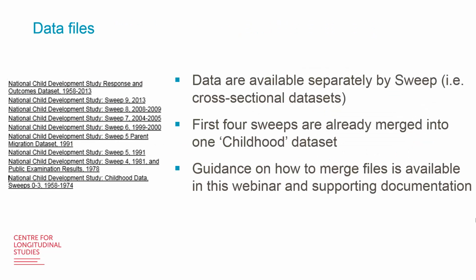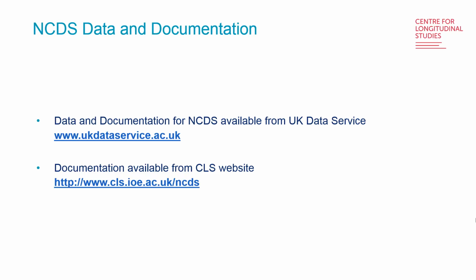The data are available separately by sweep, so they're all cross-sectional data sets except for the first 4 sweeps, which are already merged into one childhood data set. And guidance on how to merge the files is available in this webinar and supporting documentation. And data and documentation for NCDS are available from the UK Data Service, and are also available from the CLS website.